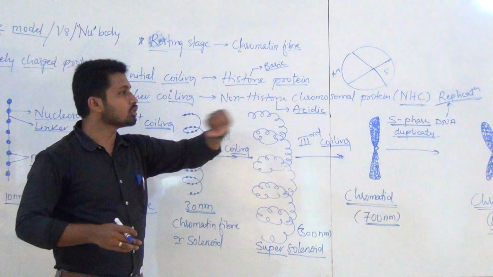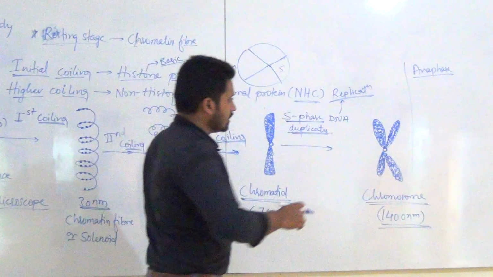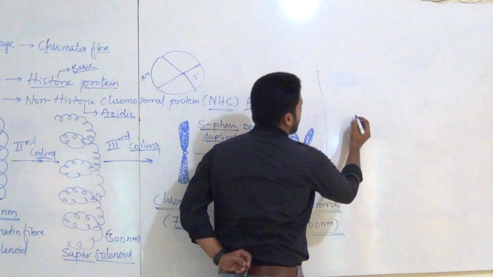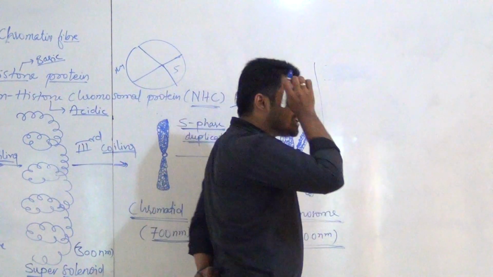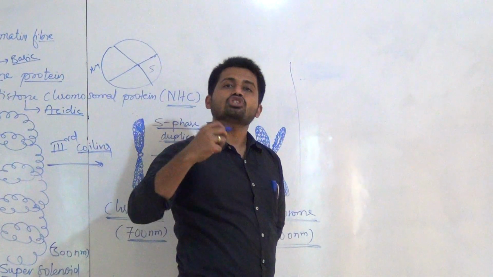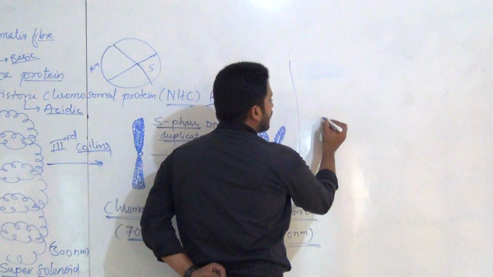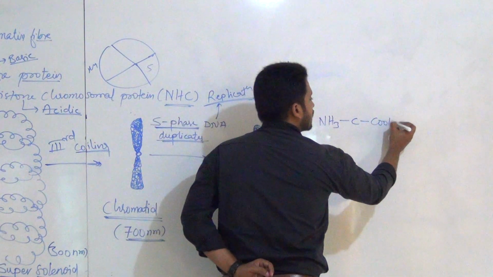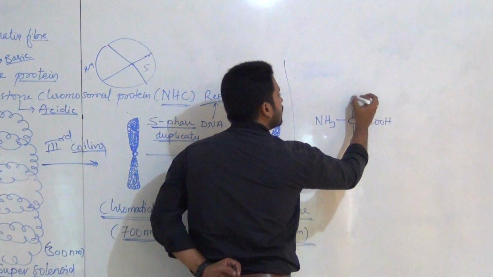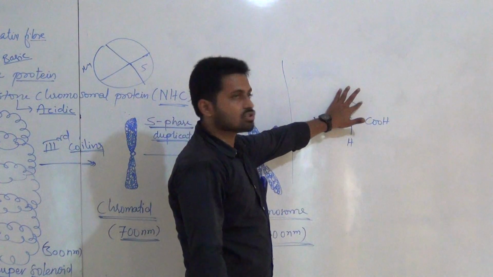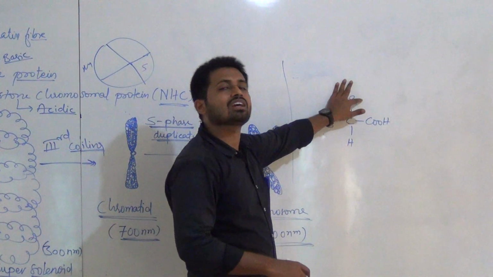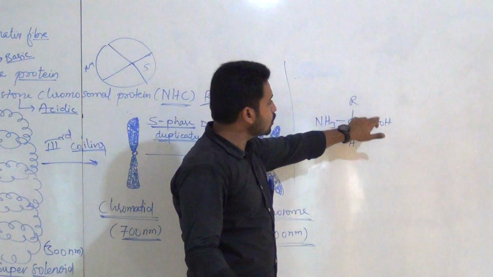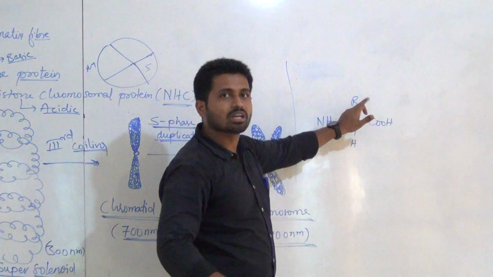Next, for high level of coiling, non-histone chromosomal protein is going to help. Behind this, you studied in the biomolecules chapter in first year how an amino acid becomes positively or negatively charged. You know the amine group, then the carbon and COOH, and here H, and here R. Whatever comes here changes things. If an amine group comes, the amino acid becomes positively charged. If a carboxylic group comes, it becomes negatively charged.